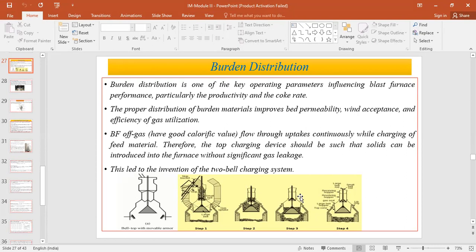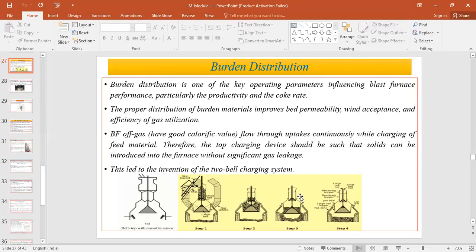So they thought that if they could collect that waste heat going out from the top of the blast furnace, that heat could be utilized within the steel plant itself. Okay.